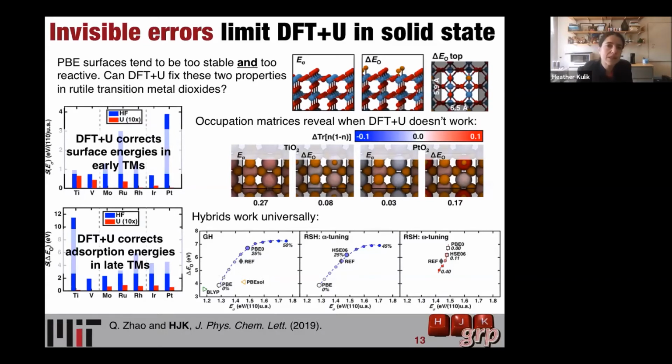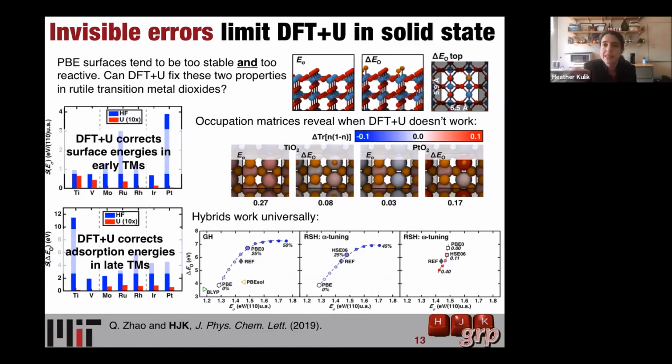DFT+U cannot fix everything, and there are limitations on what it can do. But in the cases where it does work, it has this theoretical maximum of doing things the right way. In order to have that positive effect on your electronic structure, you need the occupation matrix to detect the difference in the states you want to penalize.